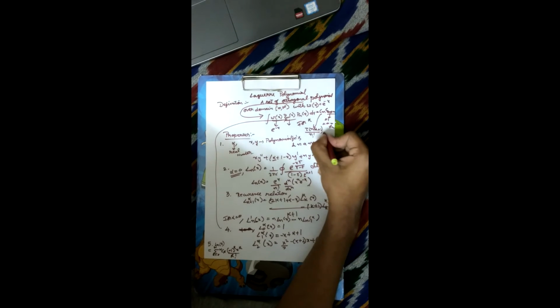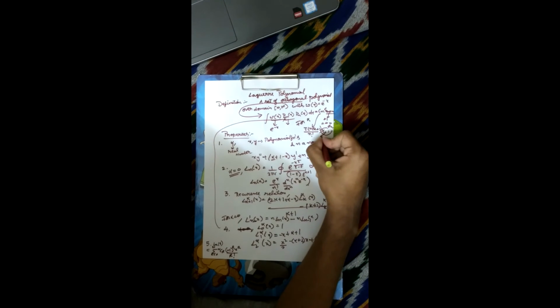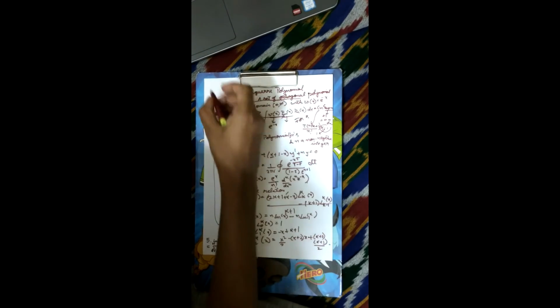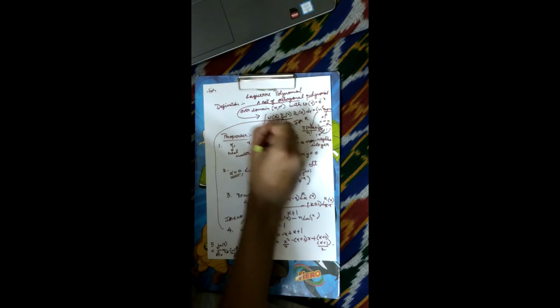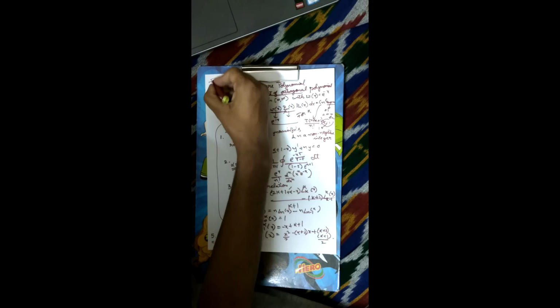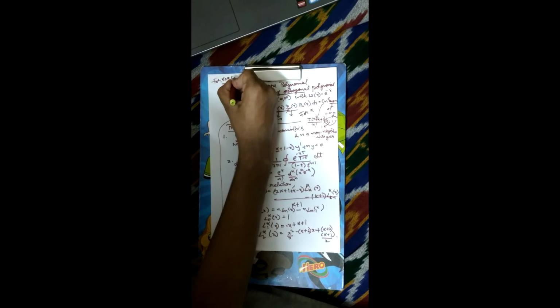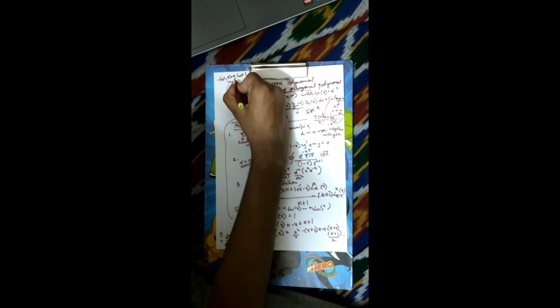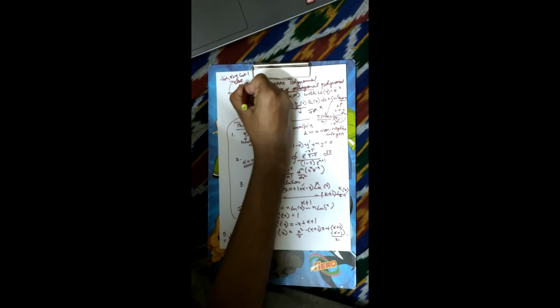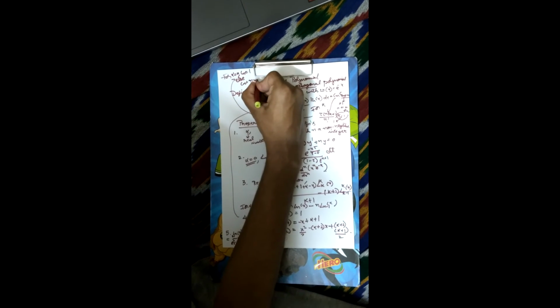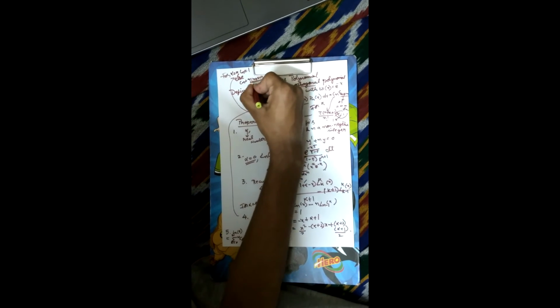But in general, for alpha equal to 0, the value of Cn is 1. Let me write this down here. For alpha equal to 0, Cn is 1. Else it is Cn equal to gamma of n plus alpha plus 1 by n factorial.